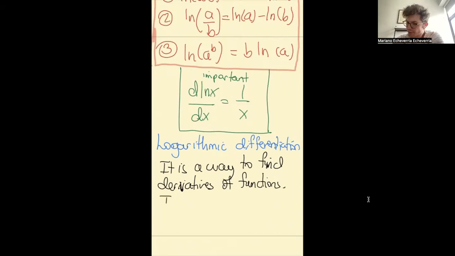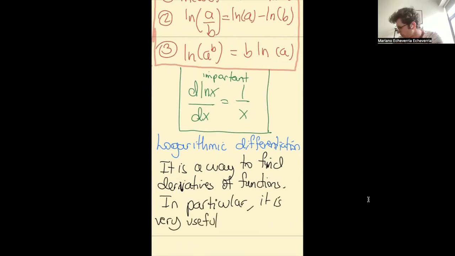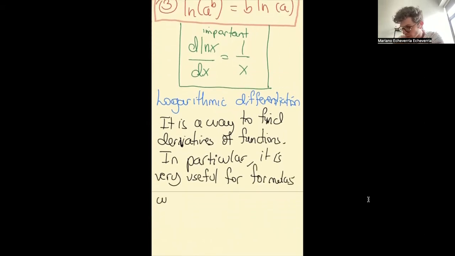In particular, it is very useful for formulas which involve taking a function to some power, the power of a function or a number.